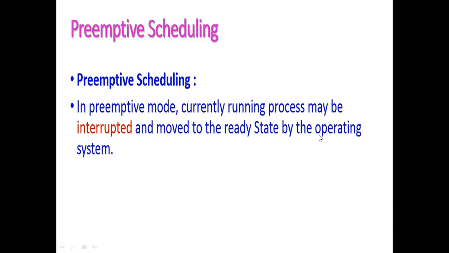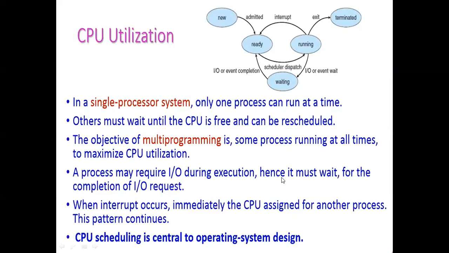The interruption will be carried out by the operating system. Here you can see the state diagram with the process states. Each process may be in any one of five states: new, ready, waiting, running, and terminated.